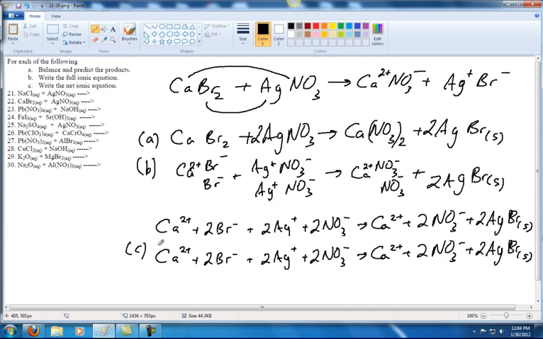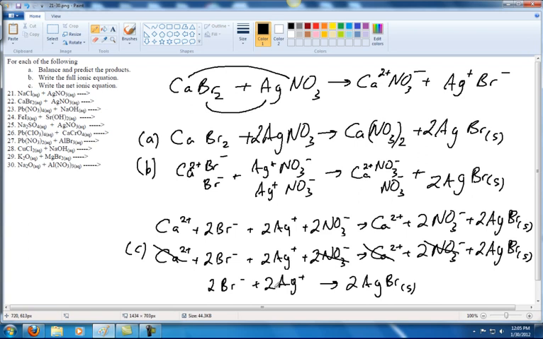So we've got Ca2+ and Ca2+, that's the same. We've got two NO3 negatives and two NO3 negatives, those are the same. So what we're left with is 2Br- plus 2Ag+ gives 2AgBr solid. That would be the net ionic equation.